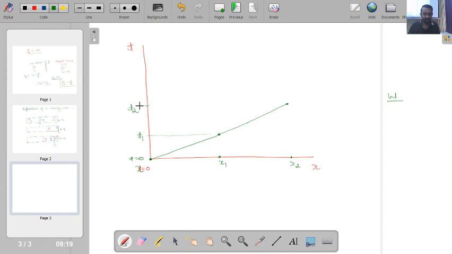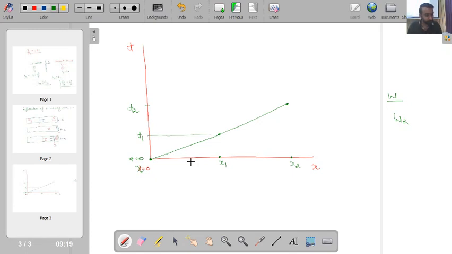Once it has reached this point, what has happened after this? The shock wave has reflected back, and it has reflected back with velocity WR. So when it is reflecting back, it means I am once again moving back in the x direction. But in the time direction, I am not moving back; in the time direction, I am further propagating upward to the next time levels.